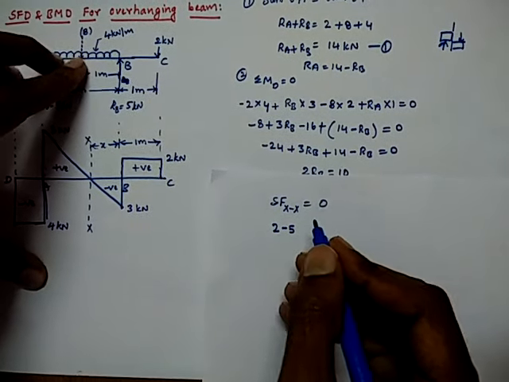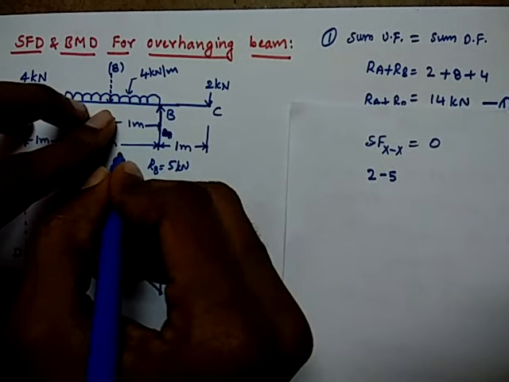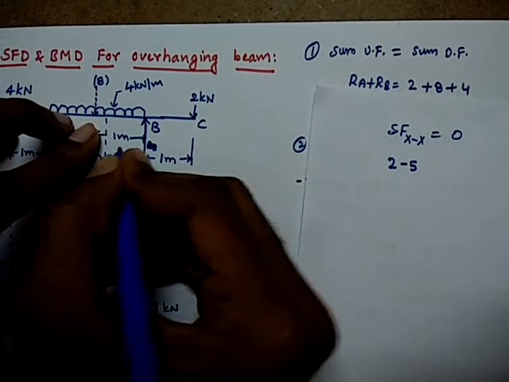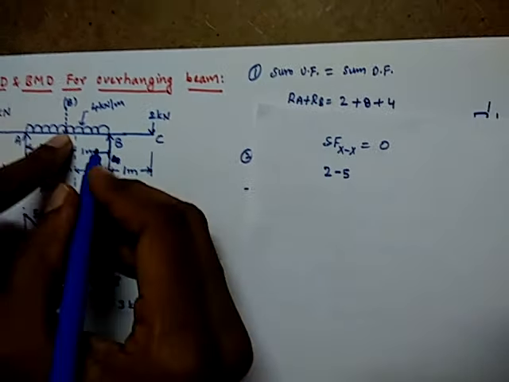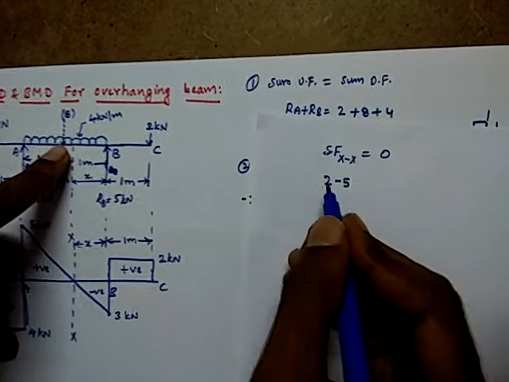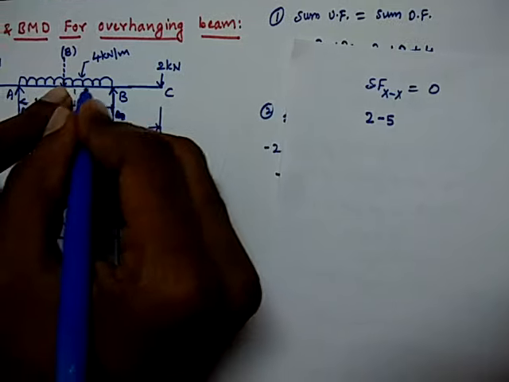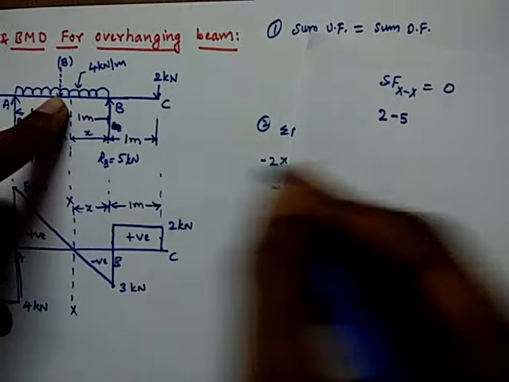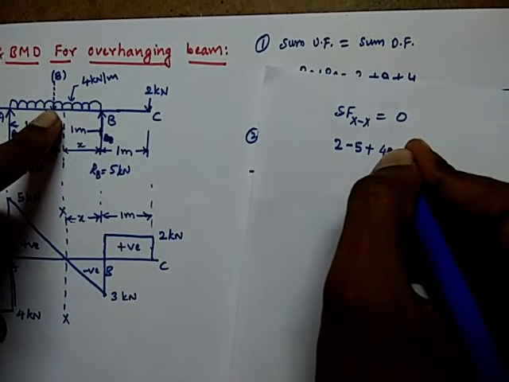Extending the diagram up to this distance x, we have taken 2 minus 5, and there is the UDL. The total value of the UDL for this length is 4 into x, and it is going downwards, so it is positive.